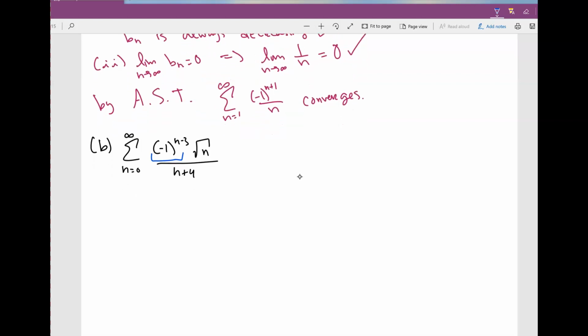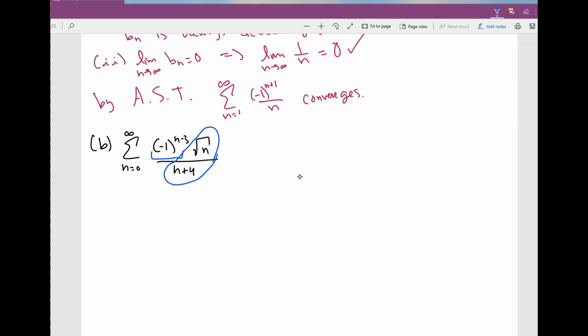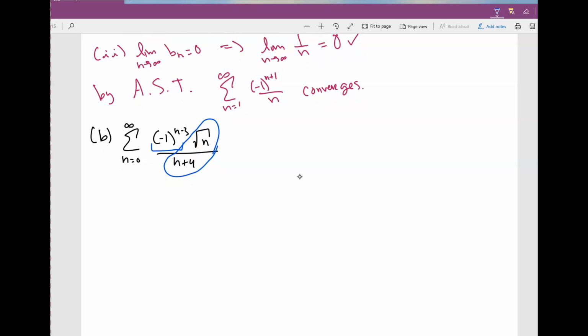So we have to use the alternating series test. Our b sub n is going to be this leftover part. What we need to show is the same thing: that it's decreasing and also that the limit equals 0 as n goes to infinity.